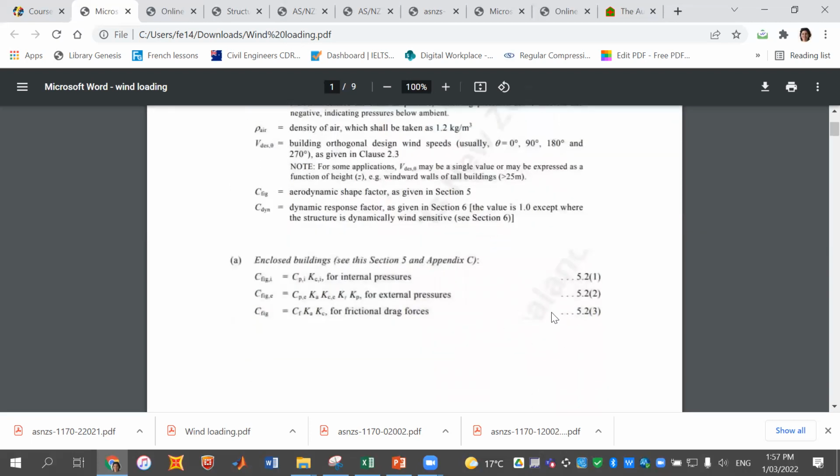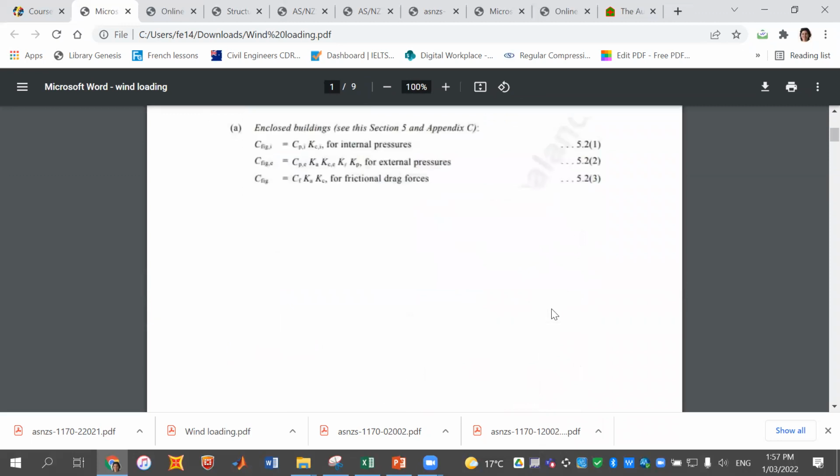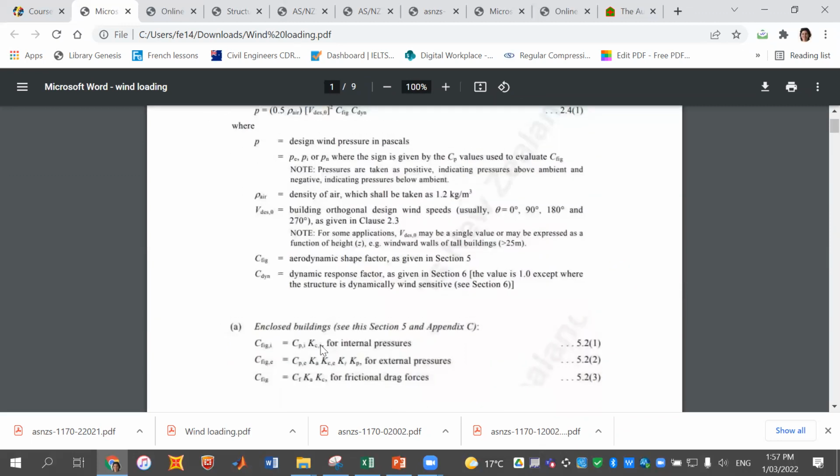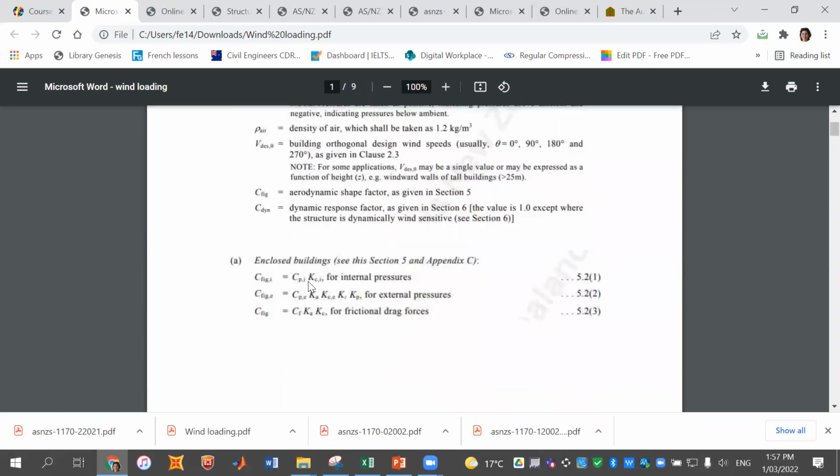If you look at this part, you would need C_pi and K_ci, and you multiply them together to find C_fig,i. Also you need these factors to find C_fig,e, and then you need C_f, K_a, and K_c.